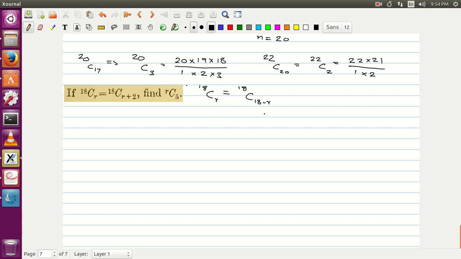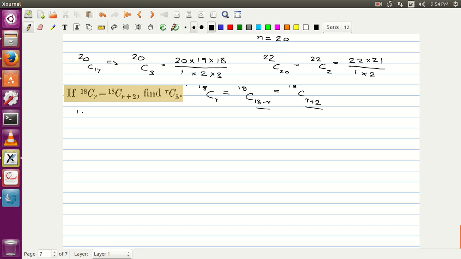So we know that 18 minus r is equal to r plus 2, because it is already given that this is also equal to 18C(r plus 2). So we know that r plus 2 and 18 minus r should be equal.